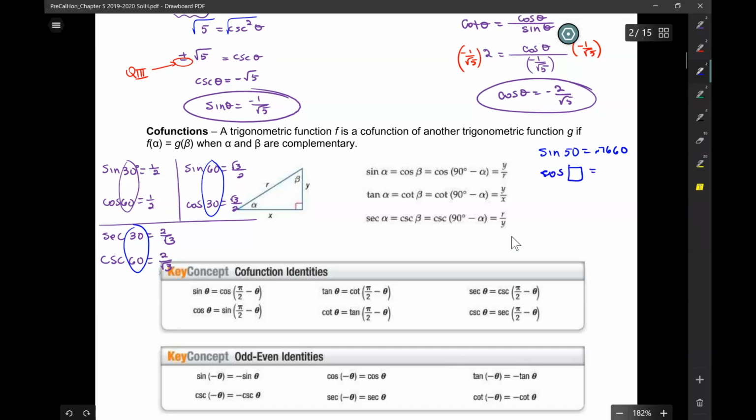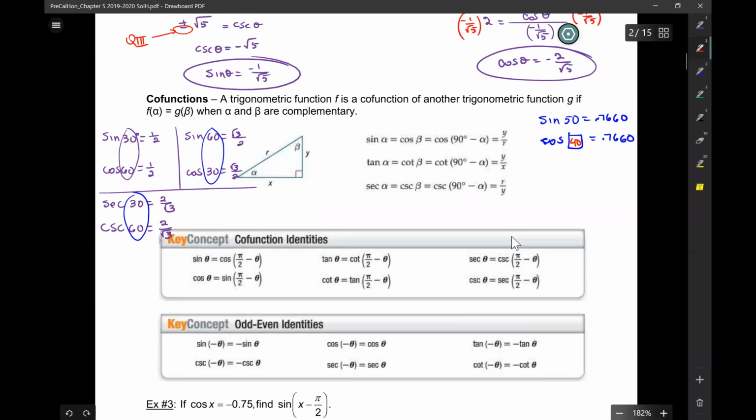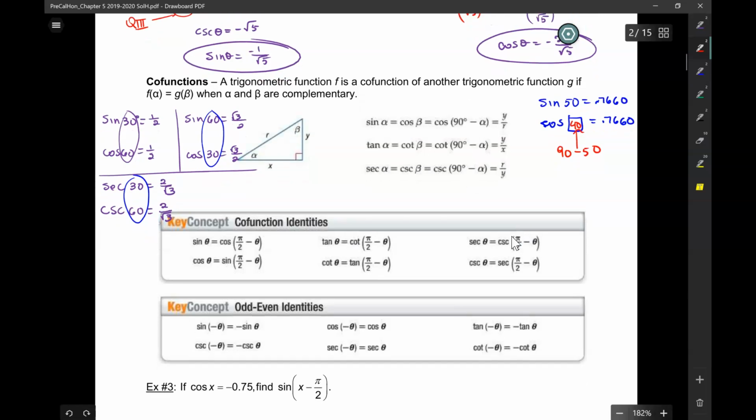Cosine of what is 0.7660? 40. Thank you for raising your hand. Okay? So, how did we get this? It was 90 minus 50. That's how we got 40.